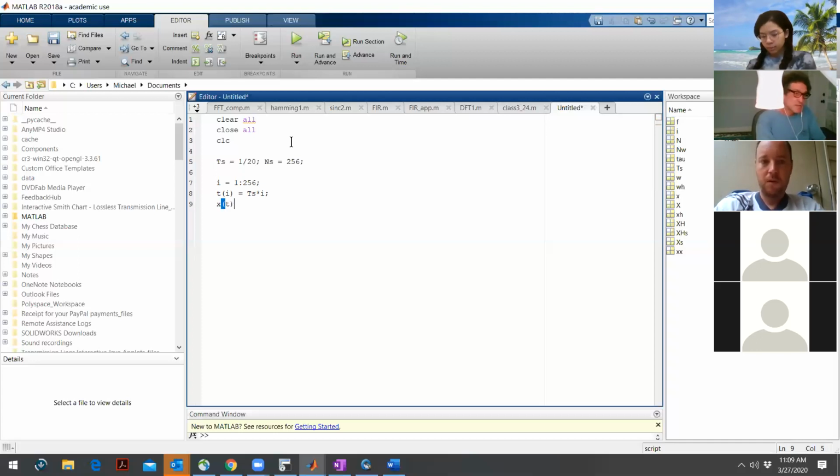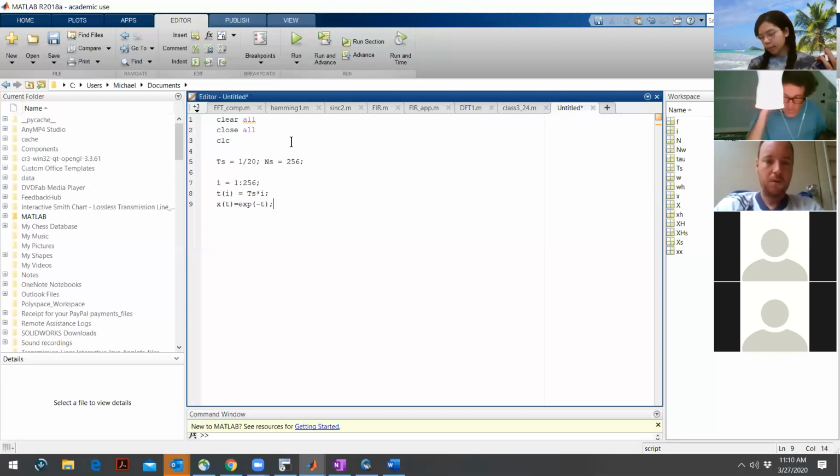So x of t, tell me what it was, anyone? I don't remember. E to the negative t u of t. exp of minus t, is that it? I think for 4-1. It doesn't matter. We could put any function down there, right? Agreed?